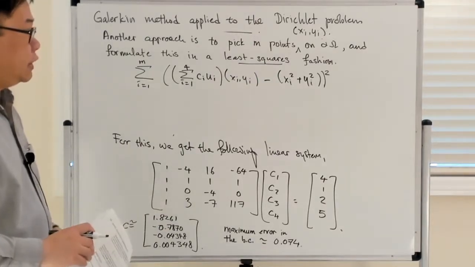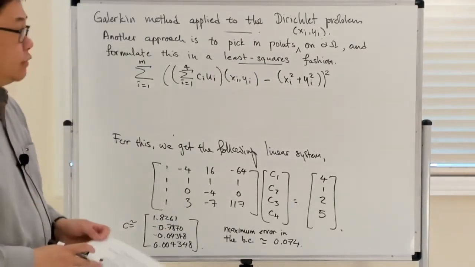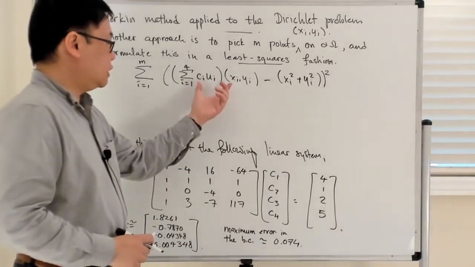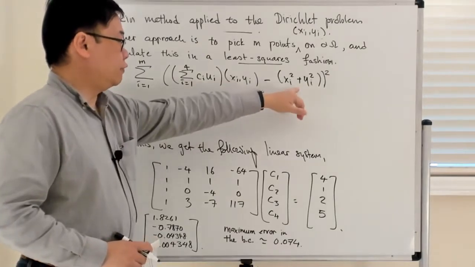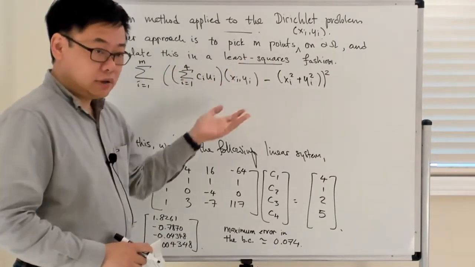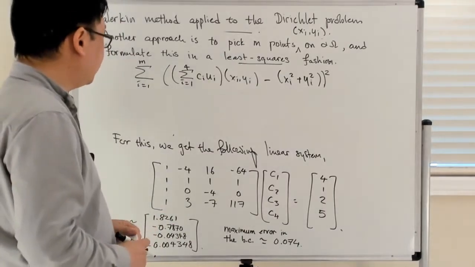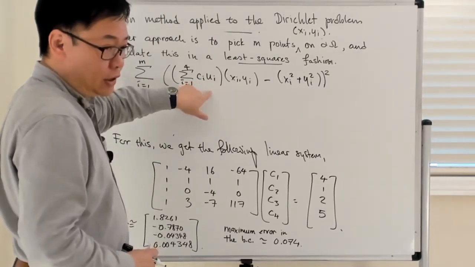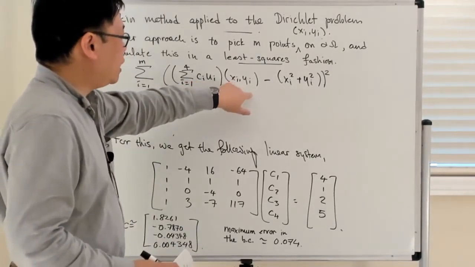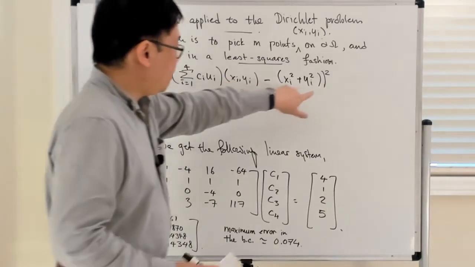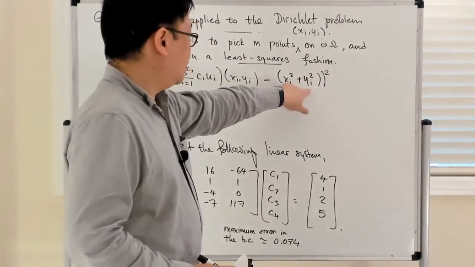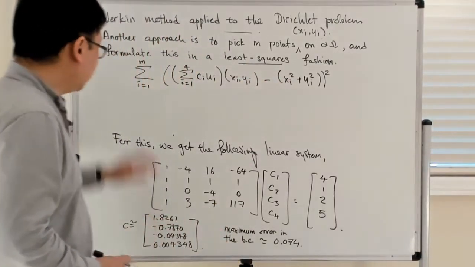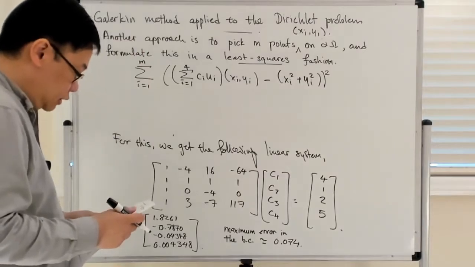If you're trying to fit a linear function to many points, especially more than 2 points, one way is to compare the linear model with the data, take the square of the error, and sum it all up. Here again you have this linear combination, your candidate solution. You evaluate it at the point xi, yi, compare it to the boundary data, and that difference is the residual error. You square it and sum it over all m points.